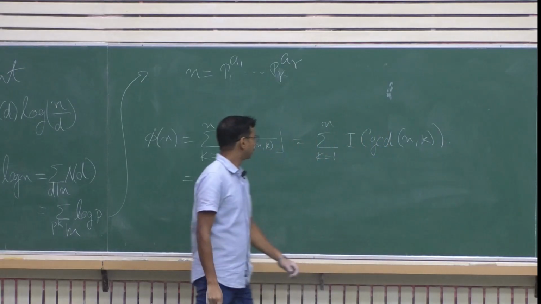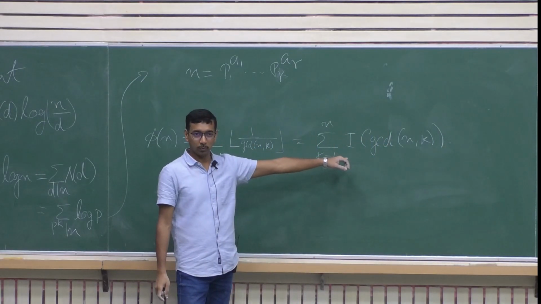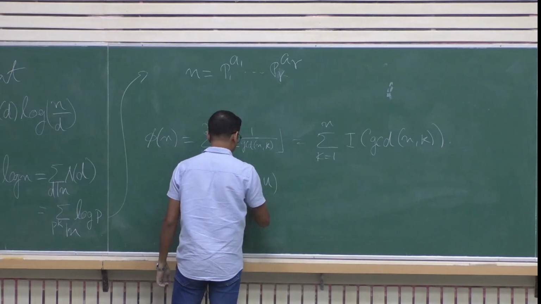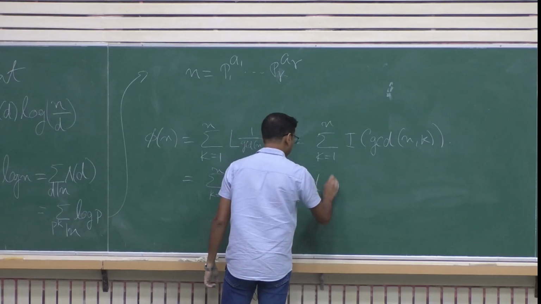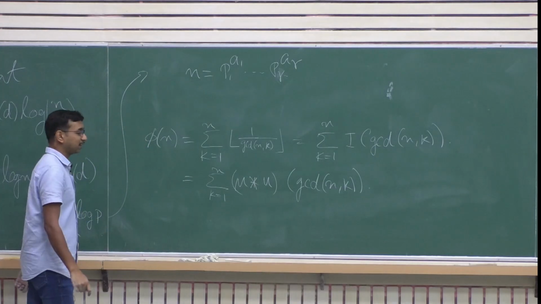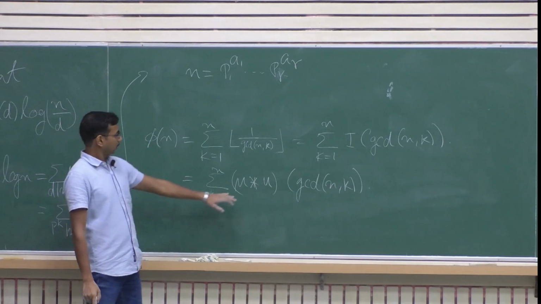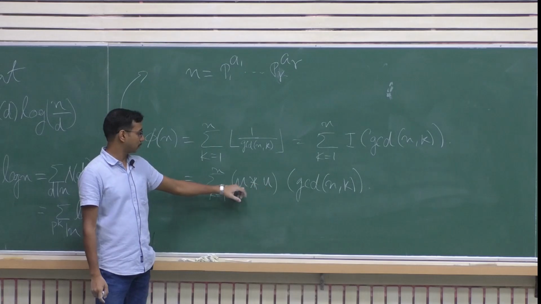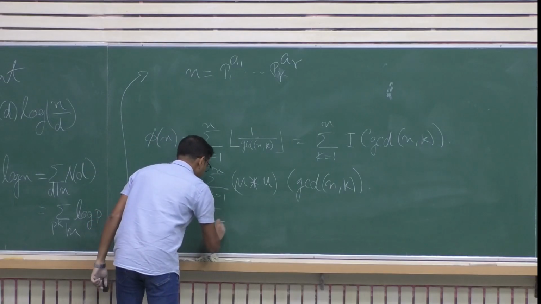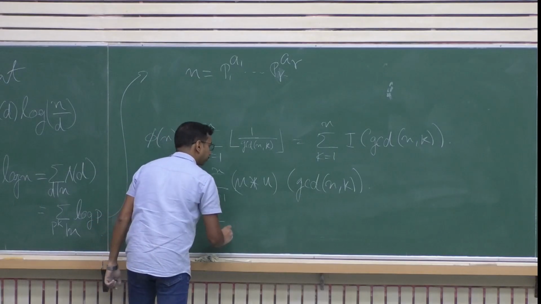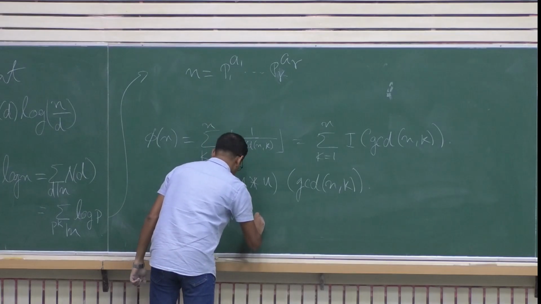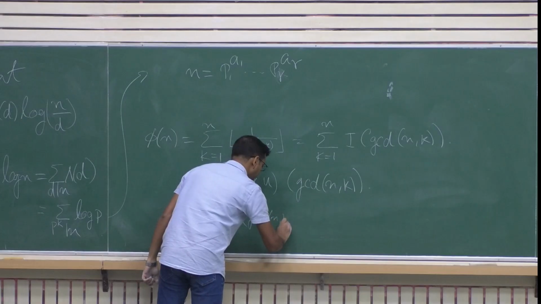Then we write I as mu star u, and we just have to take mu because u is the identity one.